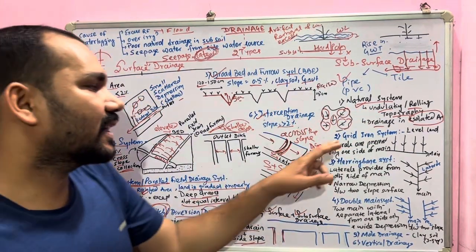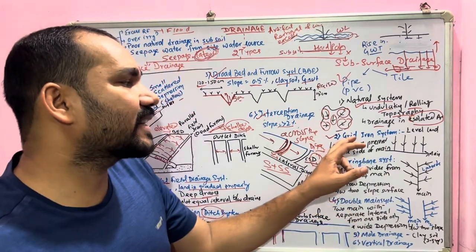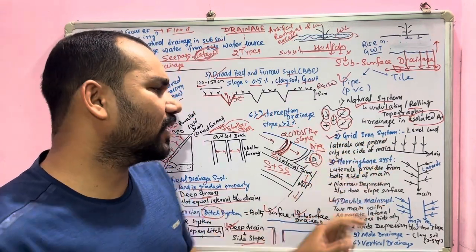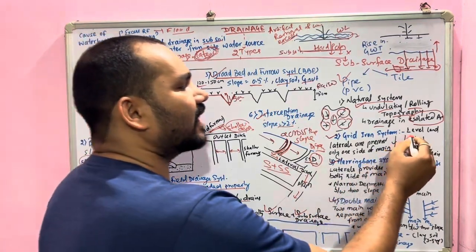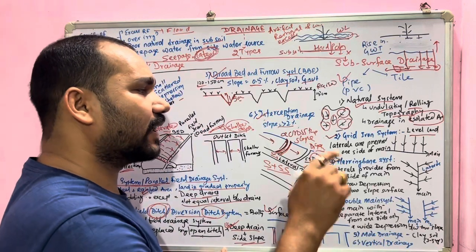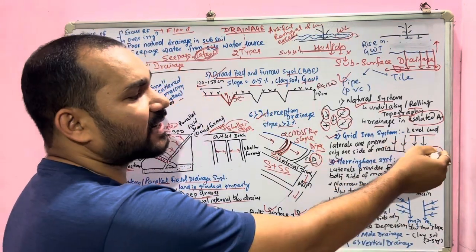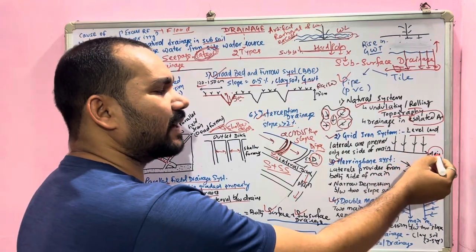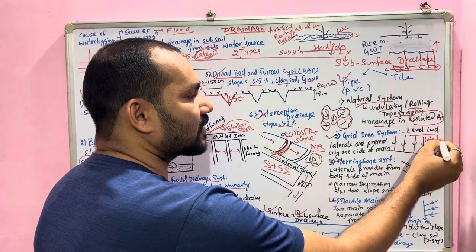Then coming to the gridiron system, these three are more important: one is gridiron, then herringbone, then the double main system. If your land is leveled land and there is only one main drainage system, and you have the laterals, these are called the laterals.